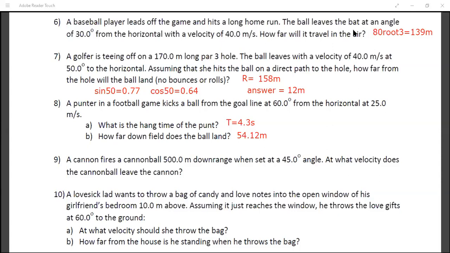Why 10 root 2? Sir, sine 45 is 1 by root 2. Some formula you're missing. Is the R formula 2u square sine theta by g? Yes, sir. Are you sure?